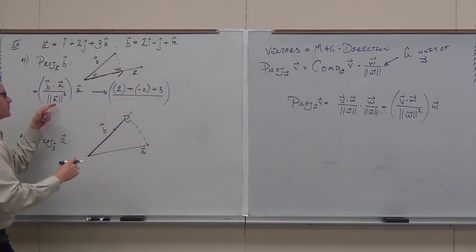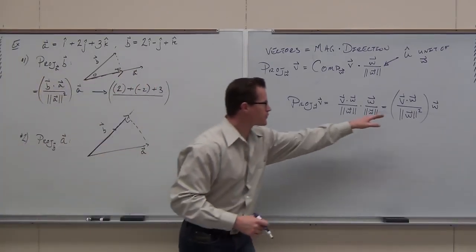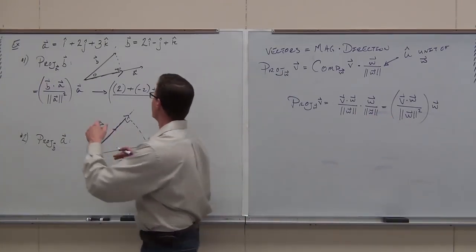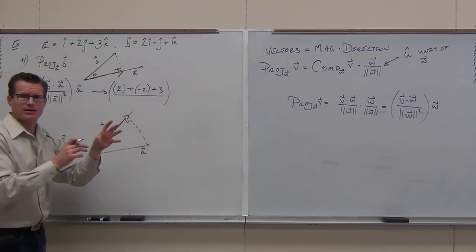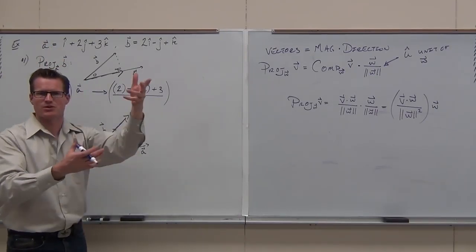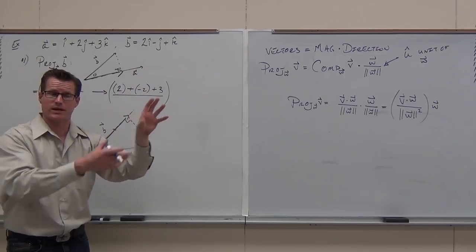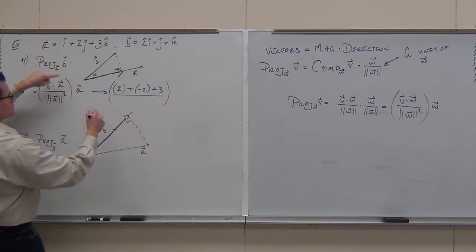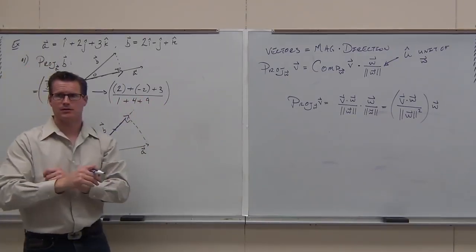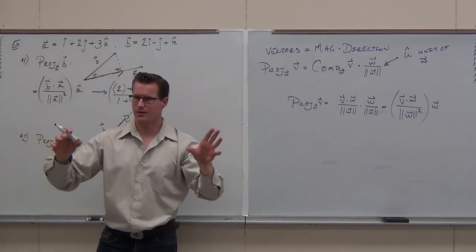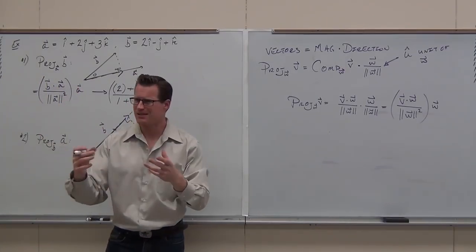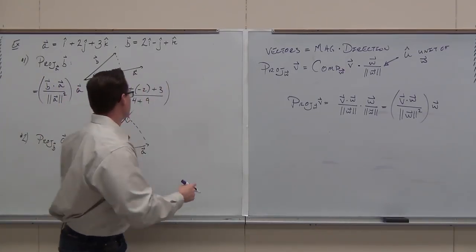Now, this one, man, use those. That's why I love this formula, because that magnitude squared is really nice. You're going to look at A, and remember the magnitude squared is the magnitude without the square root. It's really easy. You square all the numbers and you add them. Just don't do the square root. That's why I give you this formula. Okay, A. So 1, 4, 9, done. Because you're squaring them. It's the magnitude squared. You just don't have the square root. Does that make sense to you? Yes.